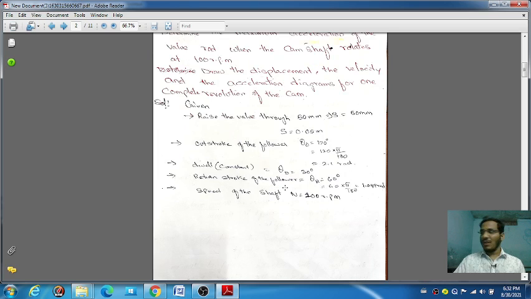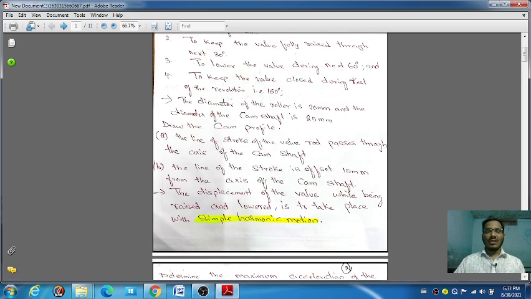Return stroke of the follower, theta r is equal to 60 degrees. So here you also have to convert the 60 by multiplying by pi by 180. Theta r is equal to 1.047. I already converted it here, you can see. Then next, the question also gives the speed of the camshaft.